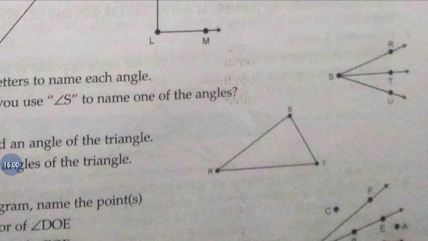Writing one of the angles as angle S means any of the angles mentioned in part A. It can be angle RTS, it can be angle TSU, it can be angle RSU, it can be any angle. So only by writing angle S we can't mention exactly which angle we are saying.